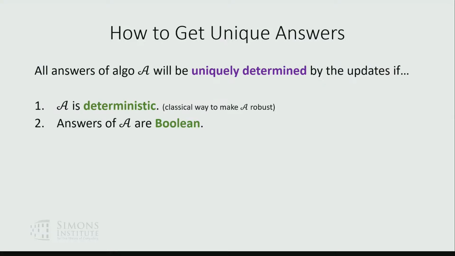And if the answer is Boolean, and there is no gap like in the radius problem that we have seen, so if the answer is yes or no, there is no gap where you can answer anything, then the answer must be unique, because if your algorithm is correct, the answer is uniquely determined at every step.